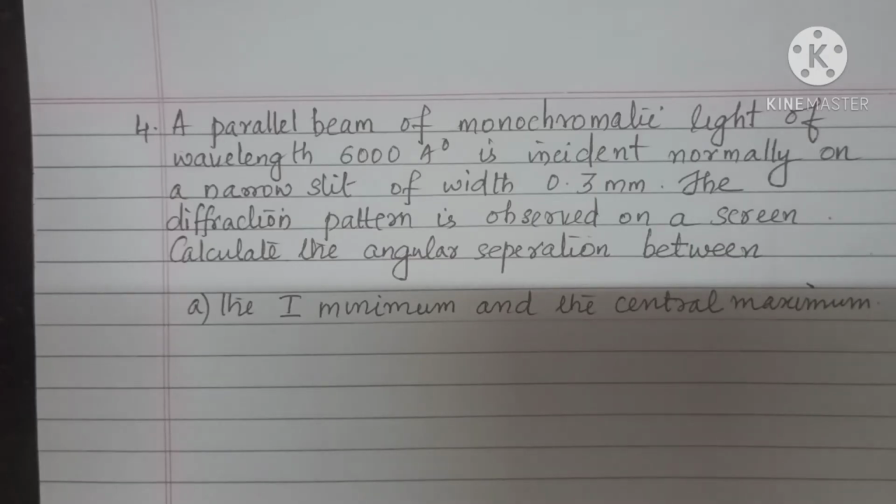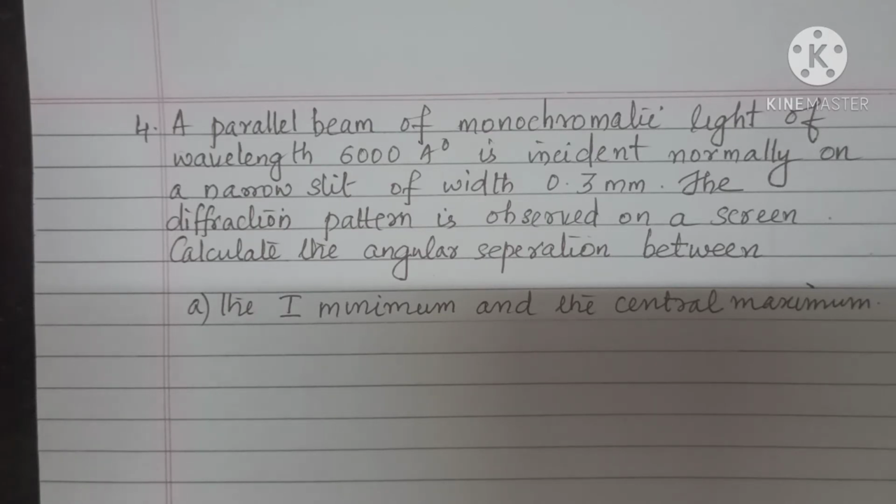So our question is, a parallel beam of monochromatic light of wavelength 6000 angstrom is incident normally on a narrow slit of width 0.3 millimeters. The diffraction pattern is observed on a screen. Calculate the angular separation between the first minimum and the central maximum.